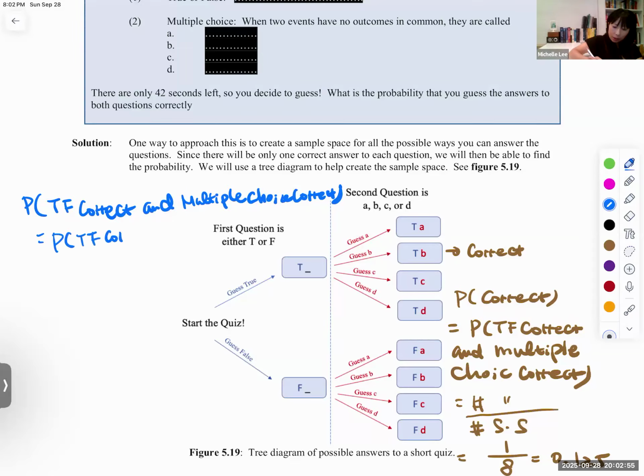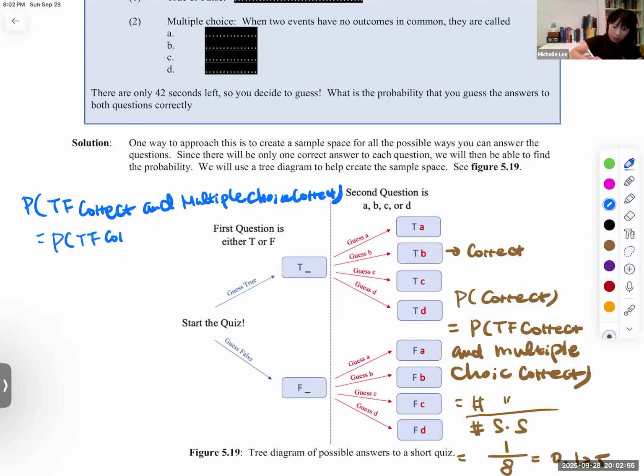Okay, so in that case, how many sample spaces are there? True and false. Only 2, right? So we have 2 sample spaces, true or false, right? And then how many correct? Only one correct from the true-false question.